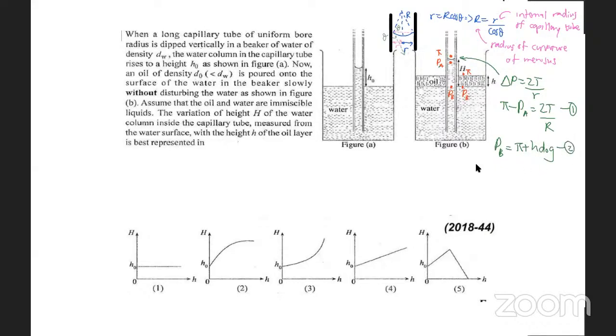And for PB, we can write another equation inside the capillary tube. PB is going to be equal to what? PA plus capital H dW g.